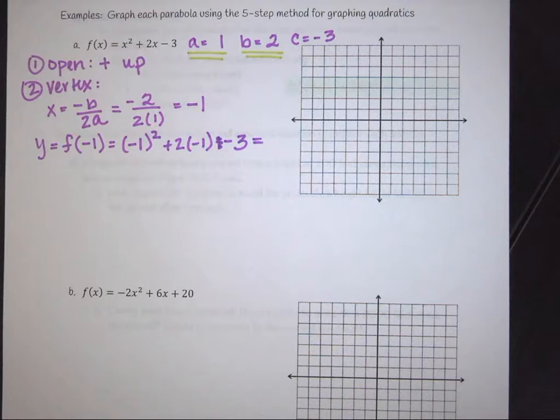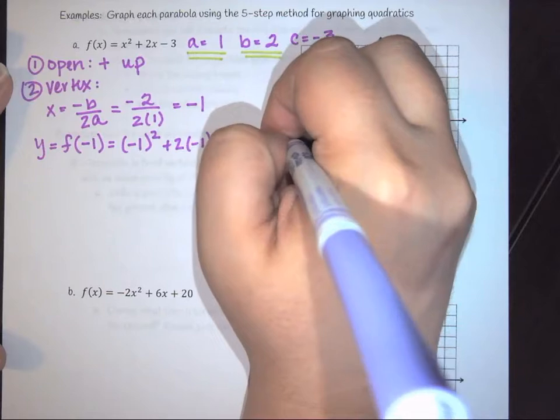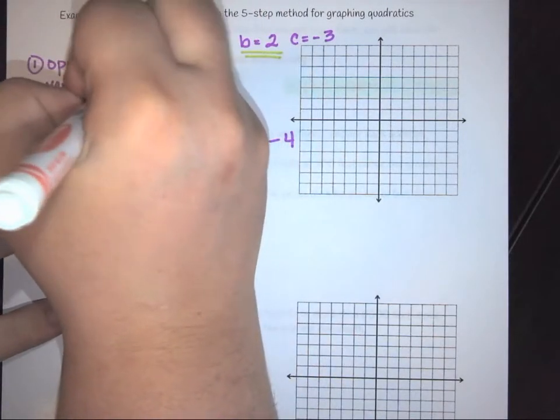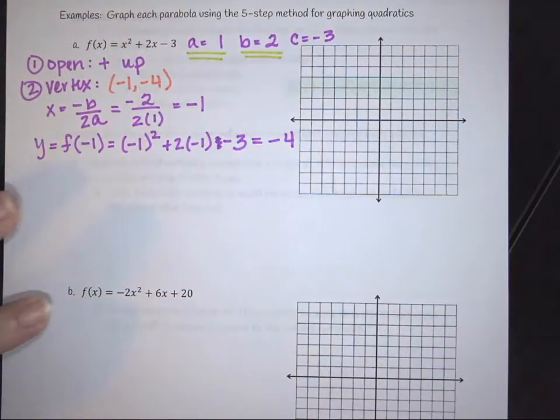So -1 squared is 1. 2 times -1 is a -2. So I have 1 minus 2 minus 3 gives you a -4. So my vertex point here is going to be the point -1, -4. Okay.